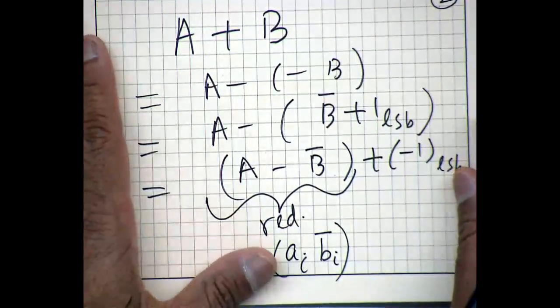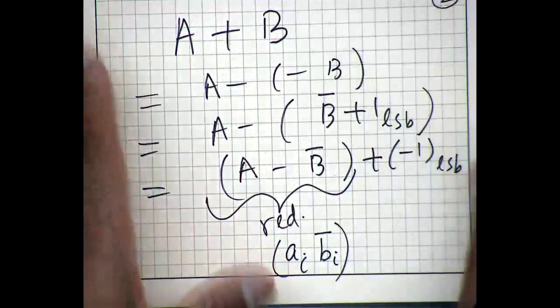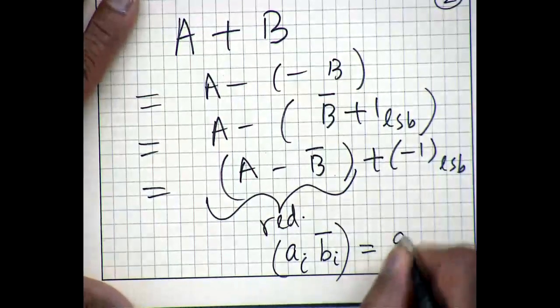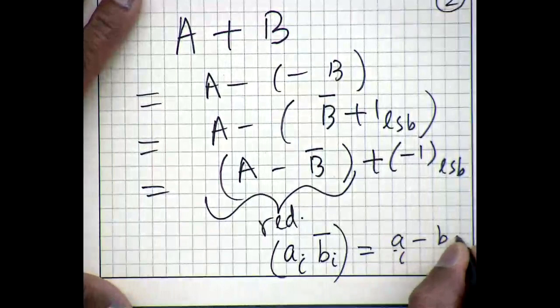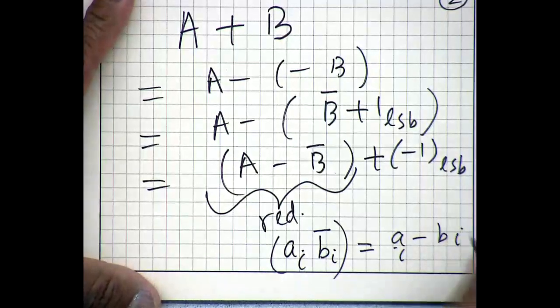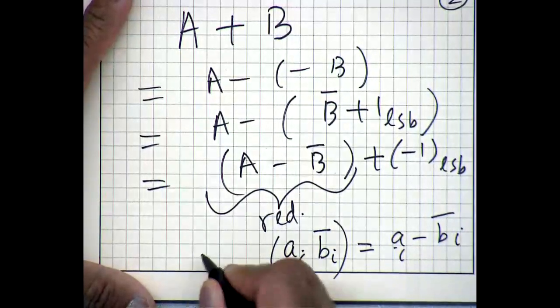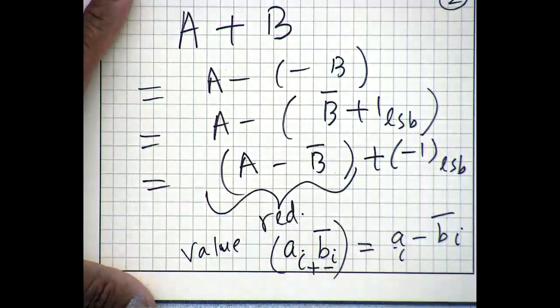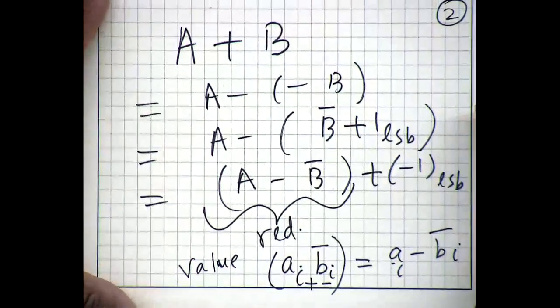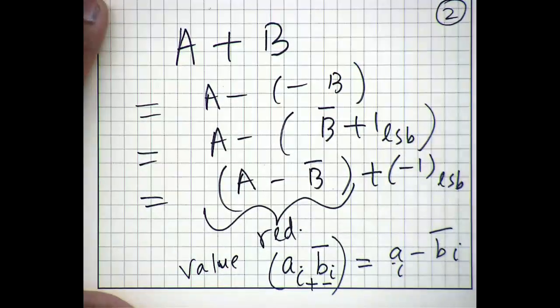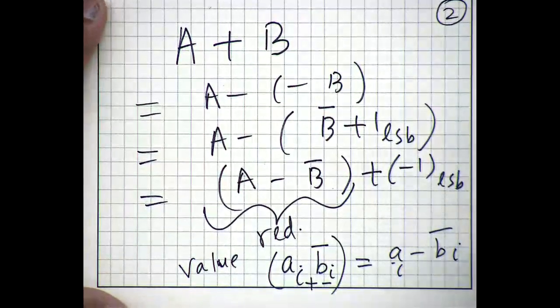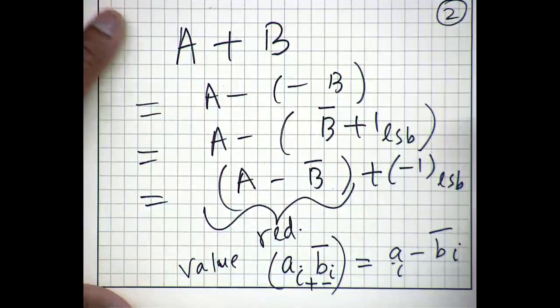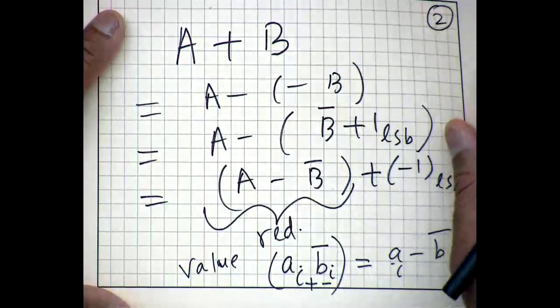So the value of this digit is AI minus B I bar. Okay, that's the value of the digit. Think of this as plus minus positions. So that's really how, taking a long path, you can compute add operations in a most significant bit first manner.